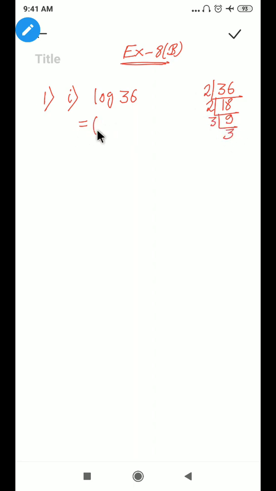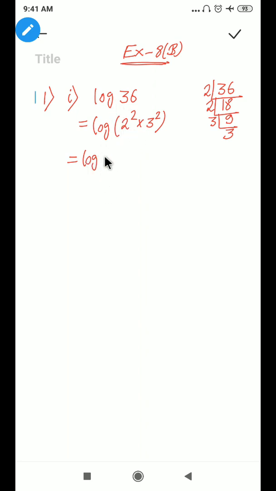So you can write this one as 2 square into 3 square. So we know that multiplication inside a logarithm becomes addition of logarithms. The base is not given here, so assume the base is 10.